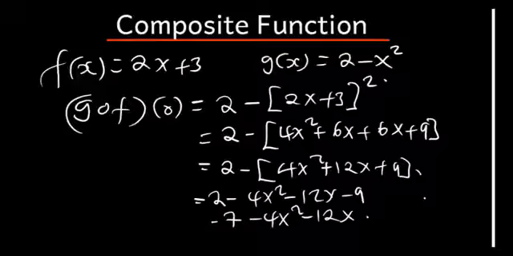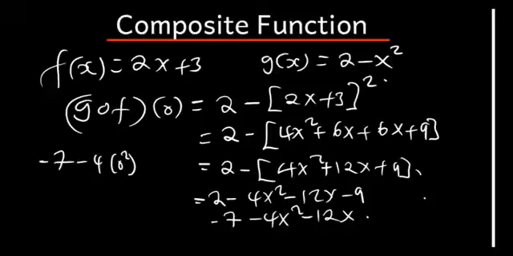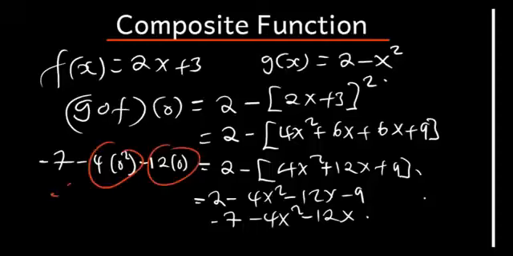Now they are saying that where there is x, we put 0. So this is going to be negative 7 minus 4 times 0 squared minus 12 times 0. This part is going to give us 0, and this part is going to give us 0. So our final answer will end up being negative 7. So that is going to be our answer.